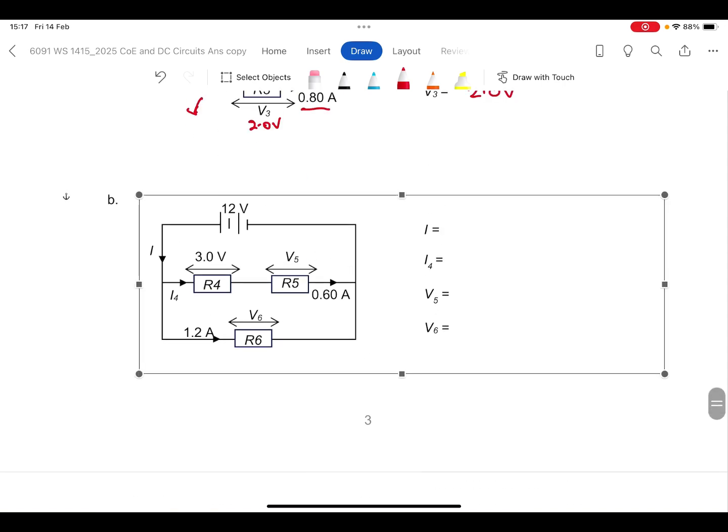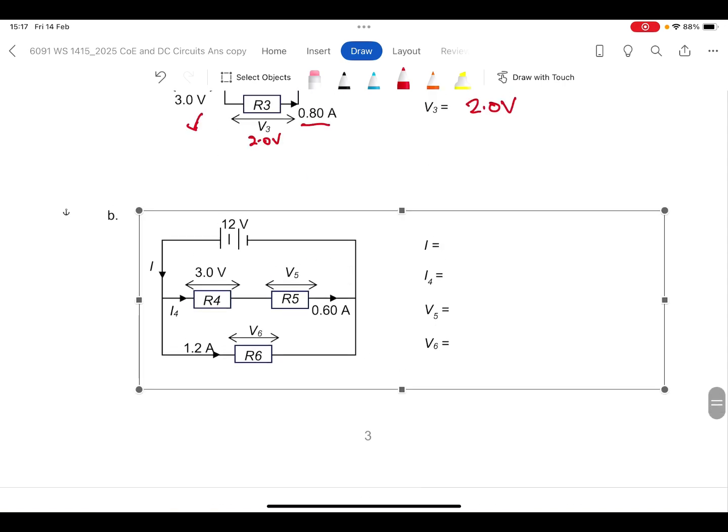Part B, 12 volts. This is a parallel circuit, so we have 2 branches here. We know that I4 is 0.6 amperes, and the second branch, the current flowing through it is 1.2 amperes.